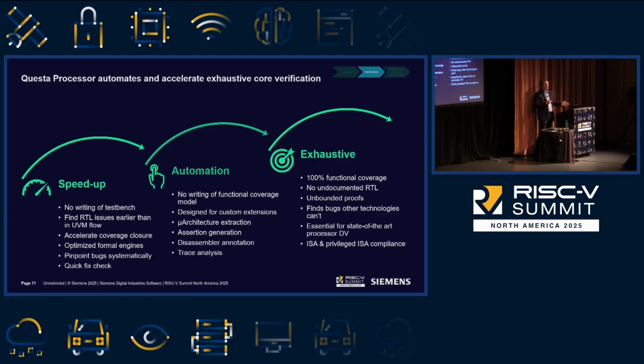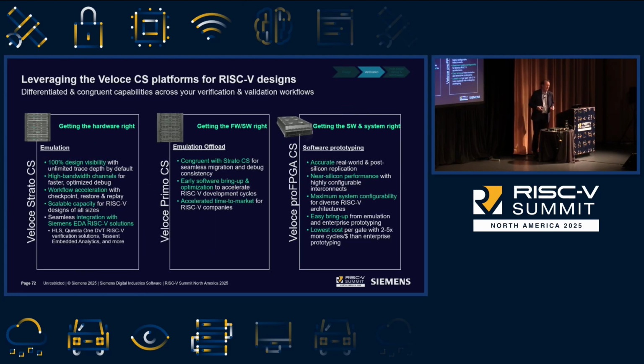Now, once you're satisfied with your core and you move on to building your big, beautiful SoC, you might need some extra horsepower to validate the entire system. And that's where the Veloce platform and family of prototyping and emulation platforms comes in.